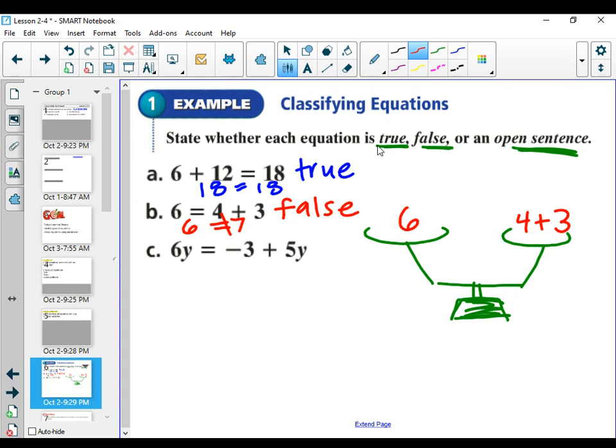Finally, the last question. The left side has 6y and the right side has negative 3 plus 5y. Do they balance out? I hope you're saying, I don't know, because that's the perfect time to call it an open sentence.